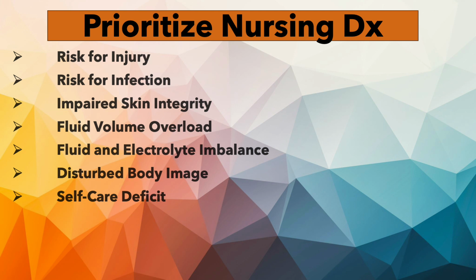So now they're at risk for osteoporosis. So we want to make sure that we are preventing any musculoskeletal complications. Our other diagnosis would be risk for infection because now we have altered protein metabolism and decreased inflammatory response.